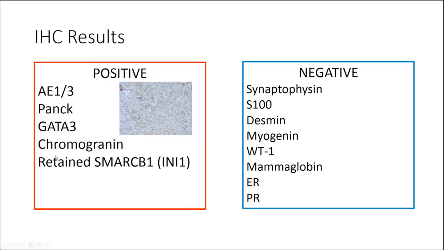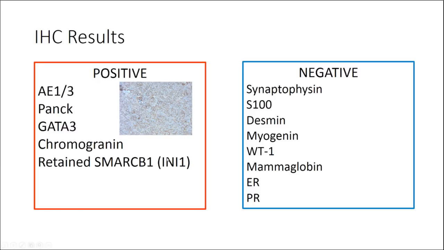It had some chromogranin positivity and it did have retained SMARCB1, so it was not an undifferentiated carcinoma associated with INI1 deficiency. Then it was negative for synaptophysin, negative for S100, negative for muscle markers, and the WT1 was negative, and I'll explain in a while why that's important.